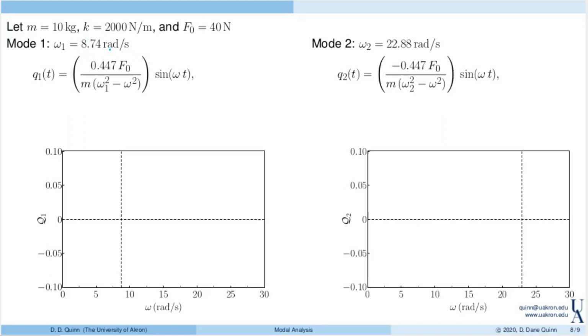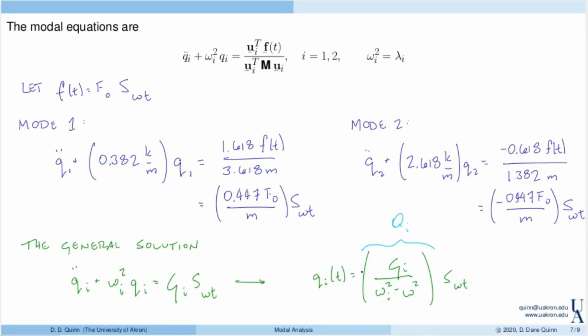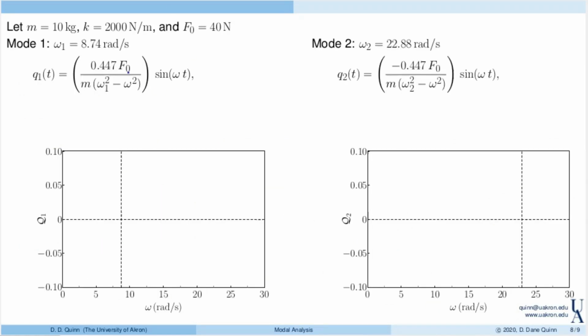And as a result, we find that the first natural frequency is 8.74 radians per second. And so Q1, again using this expression, remember G is the forcing amplitude, and then we have omega i squared, the modal frequency, minus the excitation frequency squared. This is the response, the particular solution, for the first modal coordinate.